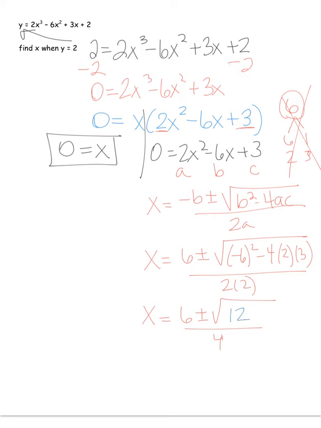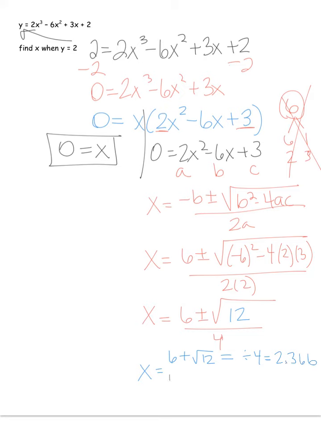So if that had been a negative number in the square root, we would have had an imaginary solution. But as it stands, it's positive, so we're going to get 2 answers. Remember, typing is important here. We got to do 6 plus the square root of 12, and then press equals on our calculator before we divide by 4, which gives us 2.366.